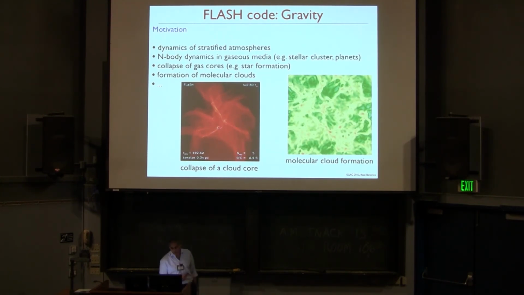Here you see a few examples which we did with the FLASH code on collapsing cloud cores, even seeing some protostars here, or sink particles, which I will talk about tomorrow, and then a large-scale structure. We are talking here of the order of 10 parsec, what you see here in a molecular cloud. Of course, this can only be achieved if gravity is included in your simulations.